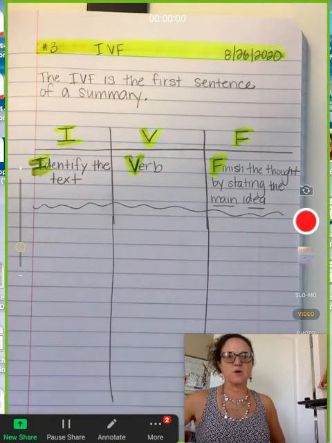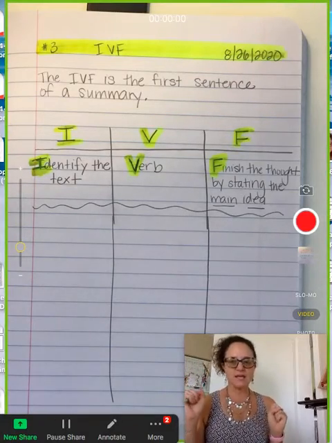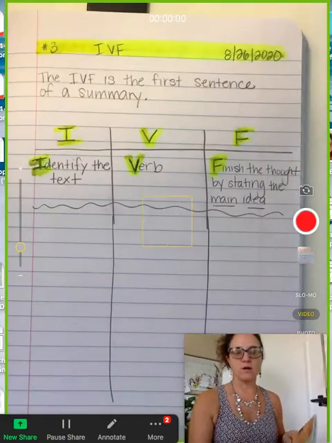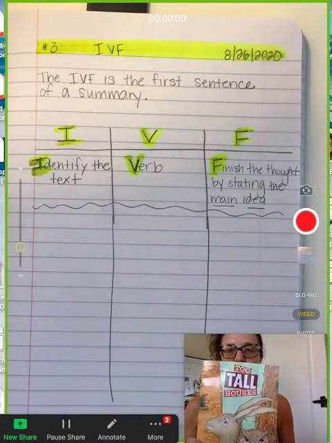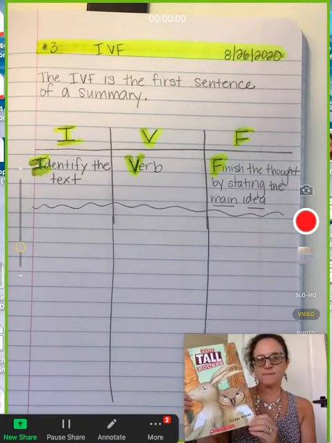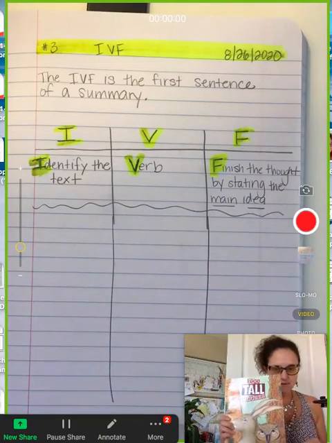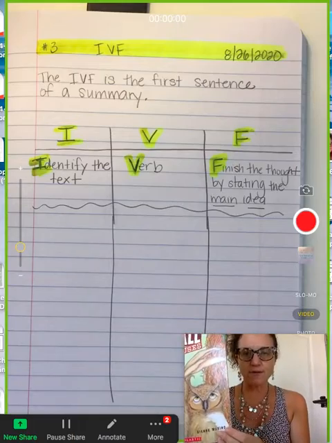Okay, so let's see what this means. So let's practice by doing an IVF sentence for, we're going to pretend that we're writing a summary for 2 Tall Houses. Okay. We're going to start by identifying the text, and we're going to say the title and the author.